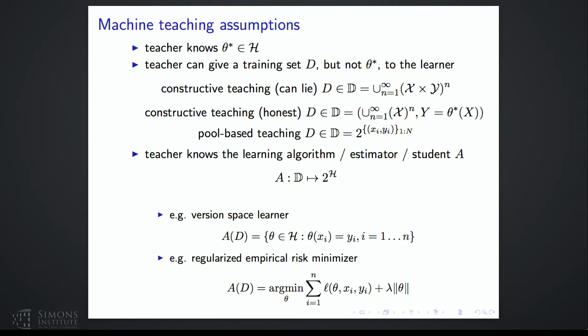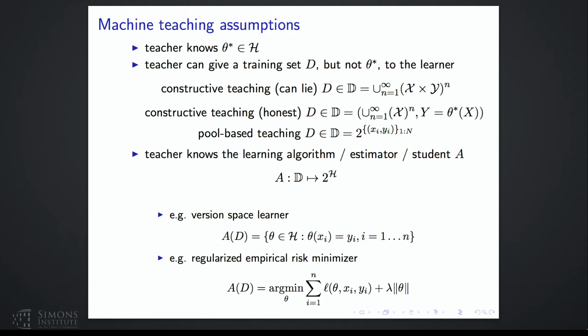Okay? And it can use any item in the input space x and label it as anything y. So that's what I mean by the teacher can lie, in that the teacher can give y labels that are not truly according to our target theta star. Okay, so this is a very flexible teacher, with a lot of ways to construct a training set.